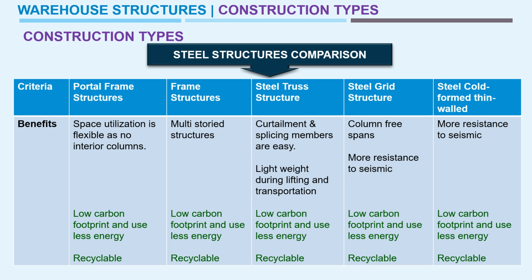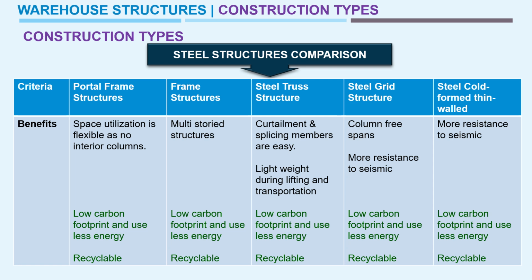And compared to steel and concrete, these are the benefits, because all the five steel structure types have the same benefits of low carbon footprint, using less energy, and being recyclable.